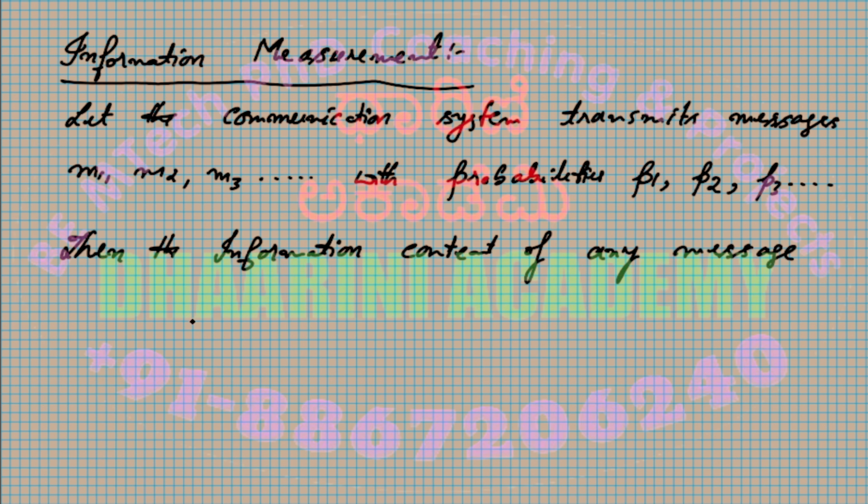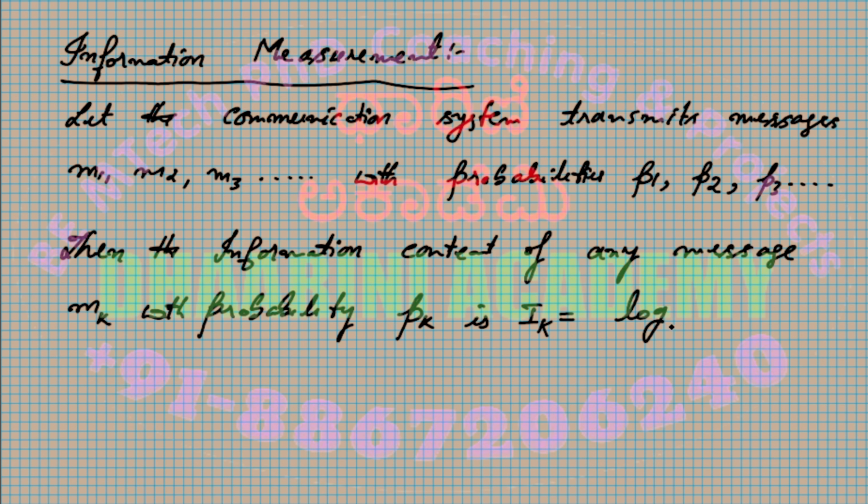Let us denote that message as mk, any kth message, m1, m2, m3 and so on. Information content of any message mk, with probability, what should be the probability now? Pk, because mk is the kth message, pk is the kth probability, is given by ik, information of the kth message or kth symbol. How do you measure? This is log to the base 2 of 1 divided by pk.